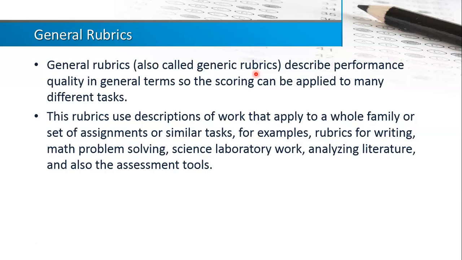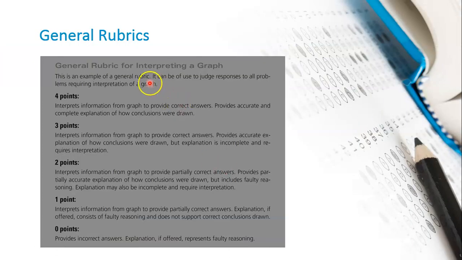So maybe for rubrics for writing, we can use it for 2 or 3 different assignments in one course or one class. Okay, and also math problem solving. This kind of rubric, you can use it for many math problem solving tasks and so on. So a generic rubric is assessing general behavior or general skill. It is not content specific.